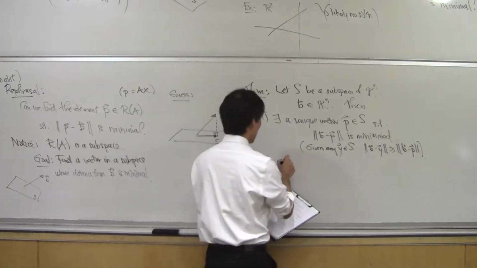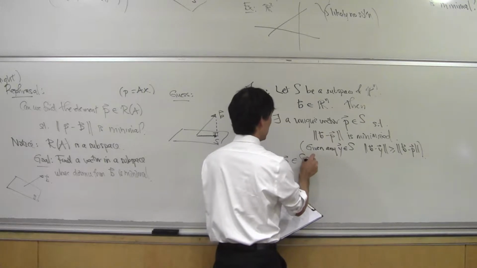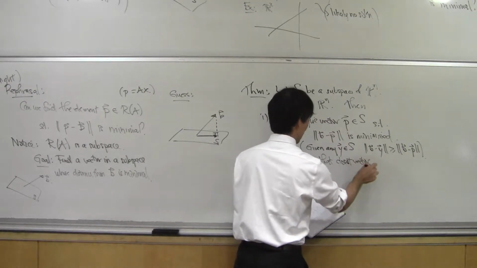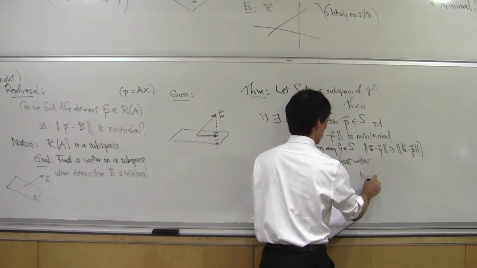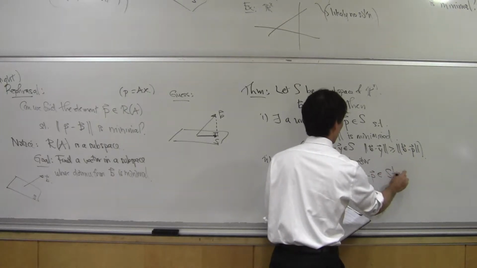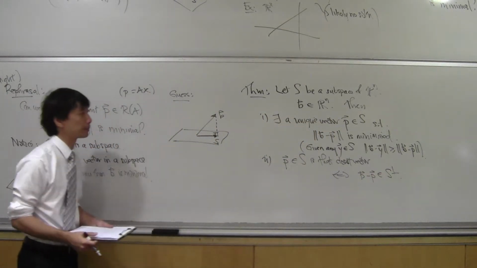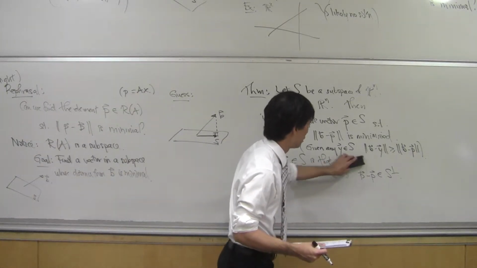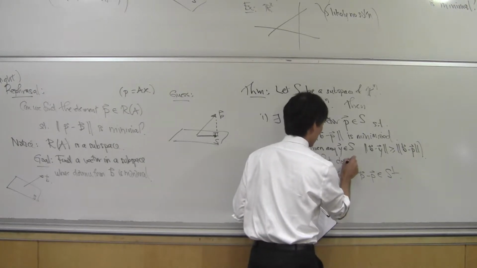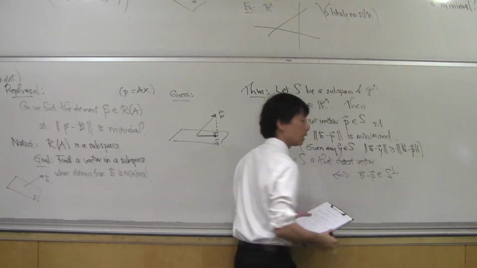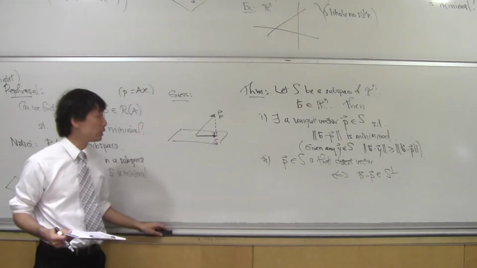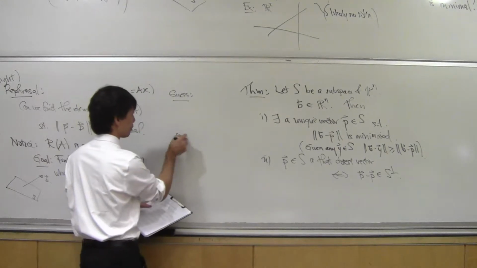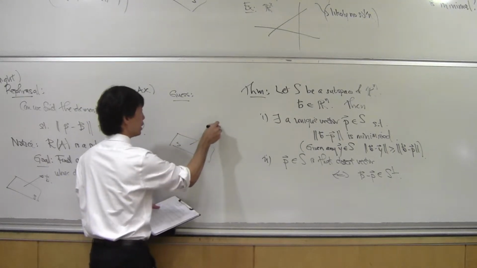Part 2: p is that closest vector if and only if b minus p is in the orthogonal complement of S. In other words, the way that we find it, here's our S, here is our b.